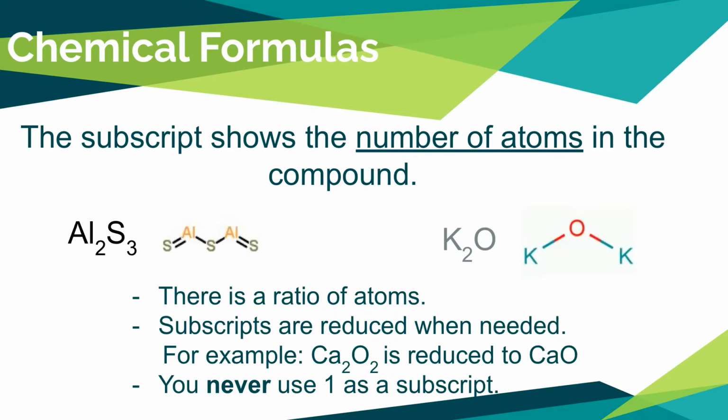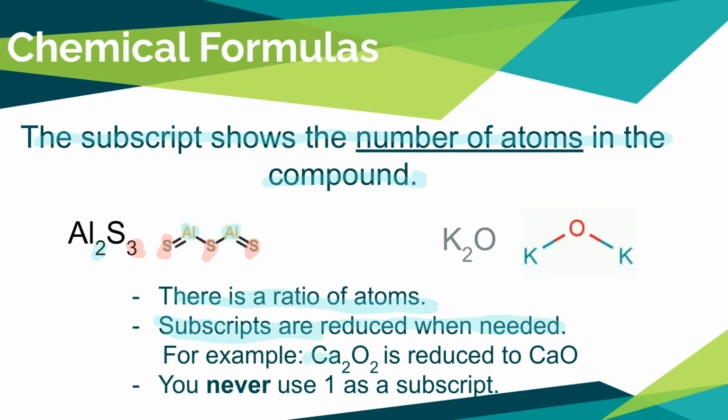When you write the chemical formulas, the subscript shows the number of atoms in the compound. So for example, Al2S3, there are 2 aluminums and there are 3 sulfurs. It is a ratio of atoms. Subscripts in ionic compounds are reduced when needed.